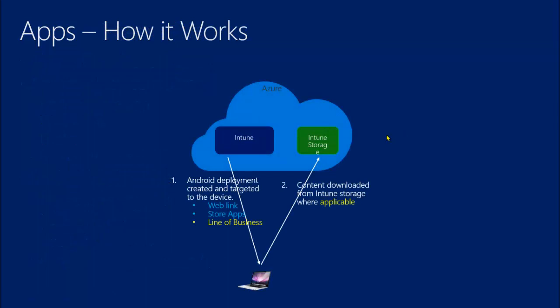So how does this work in general? This is very much an in general kind of diagram. Here we have basically Android deployment being created and targeted to the device, or could be user, right? It might be a web link, a store app. Line of business is yellow on purpose because web link and store app, yeah, there's content, if you want to call it that, associated with the app, but it's not content that you have to curate, you have to own.